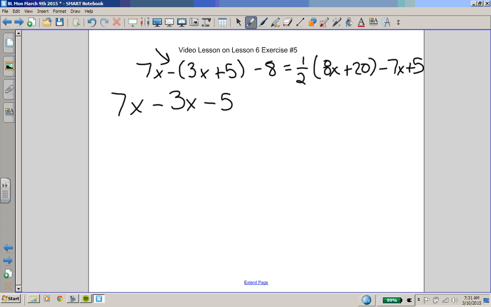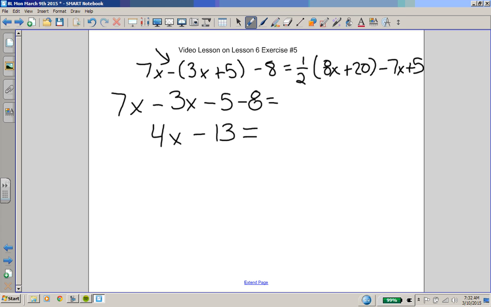I cannot distribute that subtract sign to the subtract 8 because it is not included in the parentheses. Alright? Do I have some like terms? I do. There we go. That's as simple as you can go.